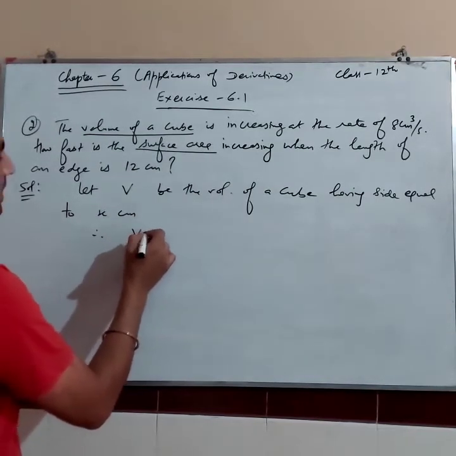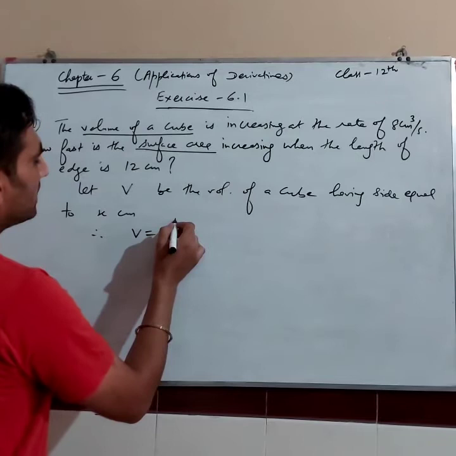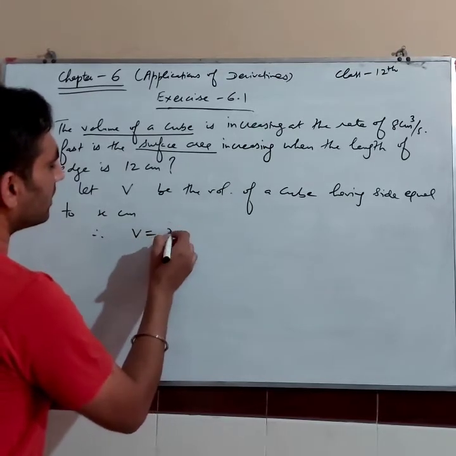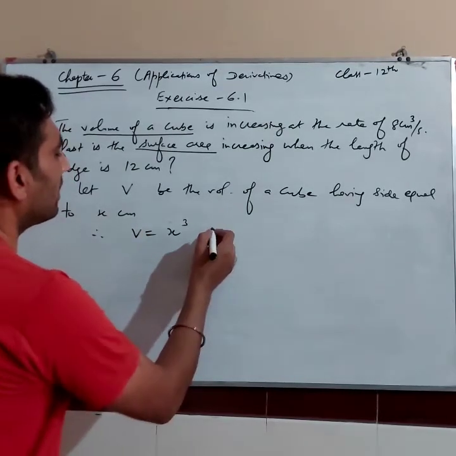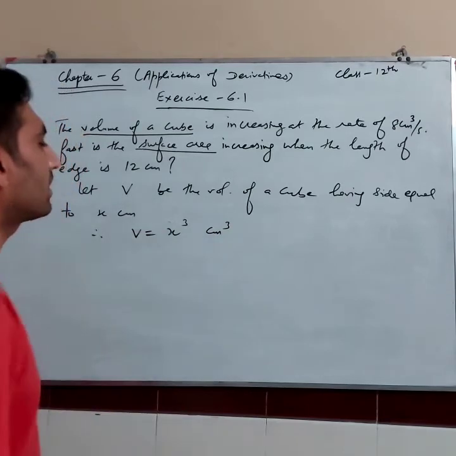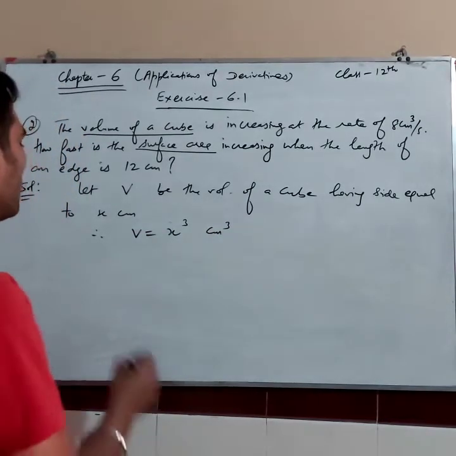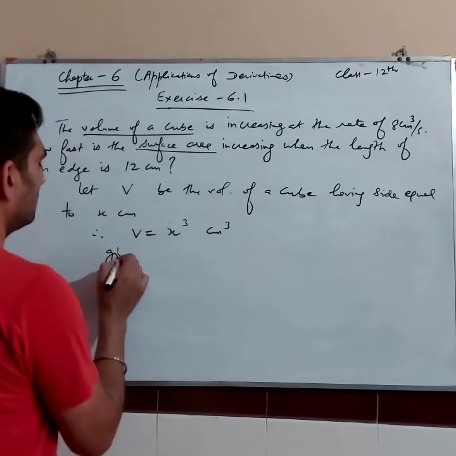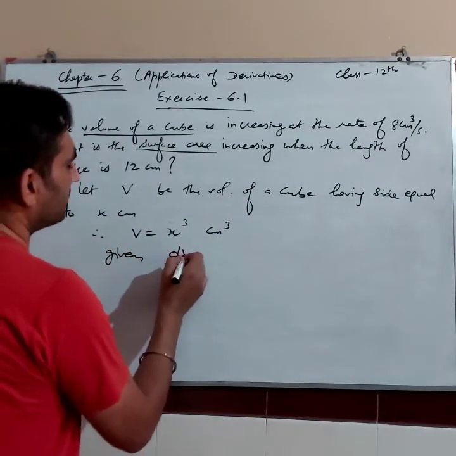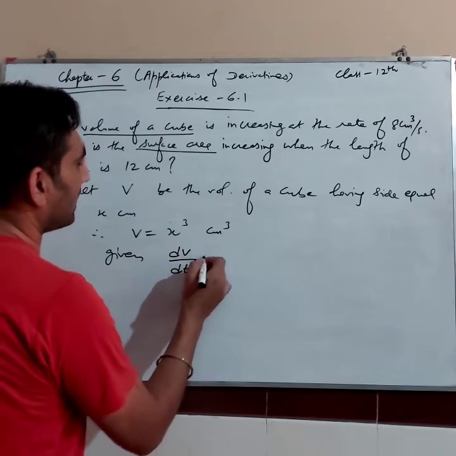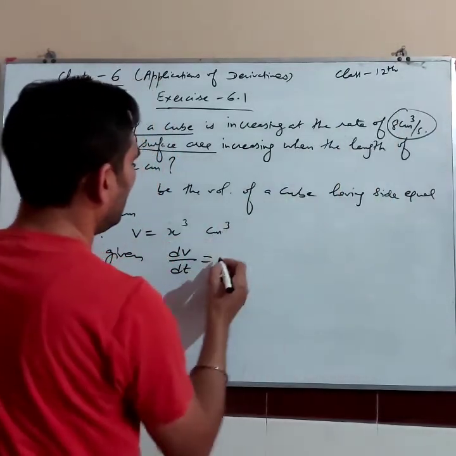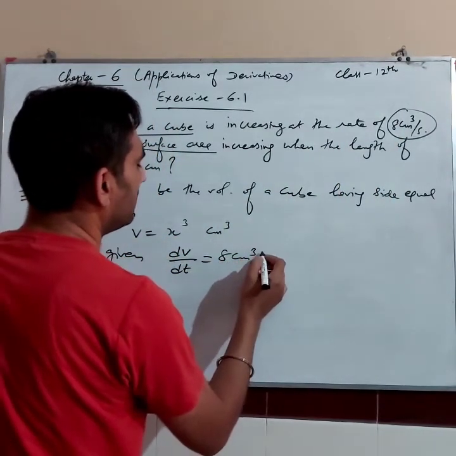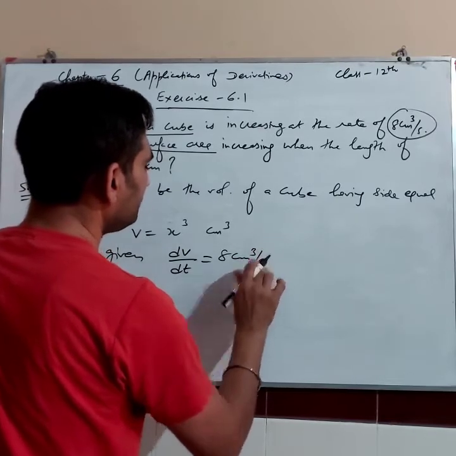So therefore volume equal to, yes, it is side cube, means x cube centimeter cube along with it. Now given to you, one thing is given, rate of change of volume with respect to time. It is given 8 centimeter cube per second.